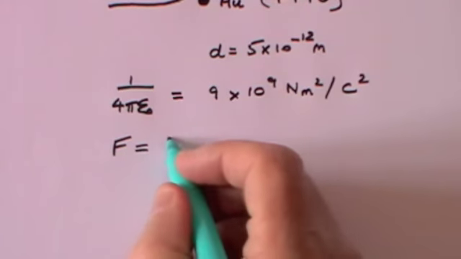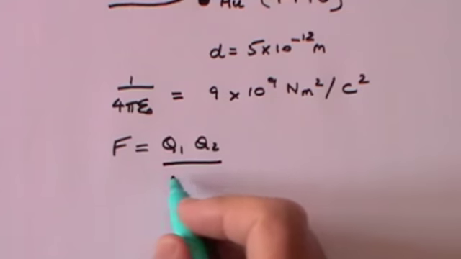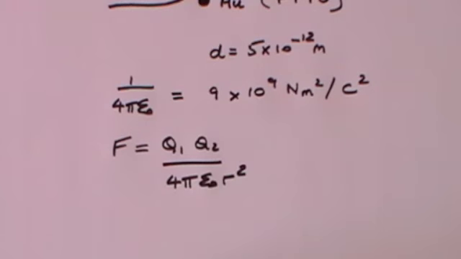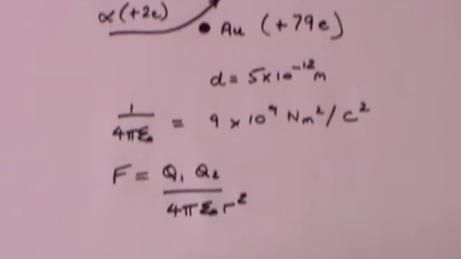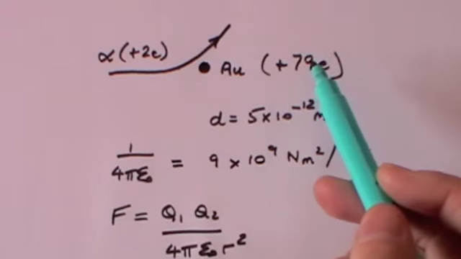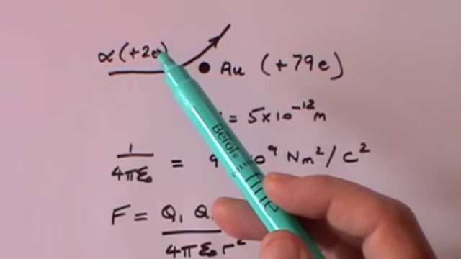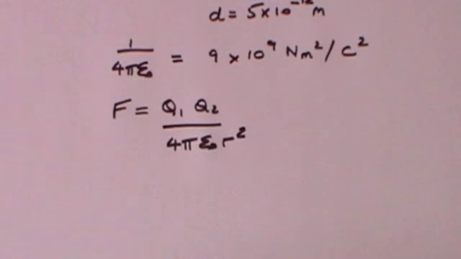F is equal to the charge of one particle times the charge of the other particle divided by 4 pi epsilon 0 r squared, where r is the distance between them. So effectively what we've got is 79 worth of charge here and 2 worth of charge here. But what is that charge value? Each charge value is that of an electron.